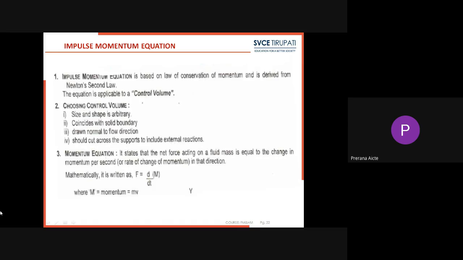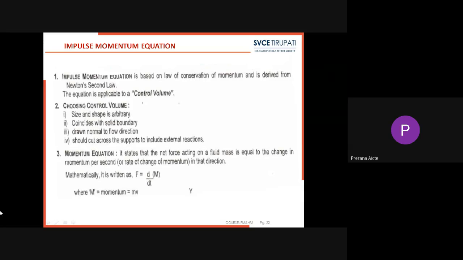It is based on the law of conservation of momentum, and it is derived from Newton's second law of motion. The equation is applicable to a control volume. The size and shape of the control volume is arbitrary; it coincides with the solid boundary, it can be drawn normal to the flow direction, and it should cut across the supports to include external reactions.